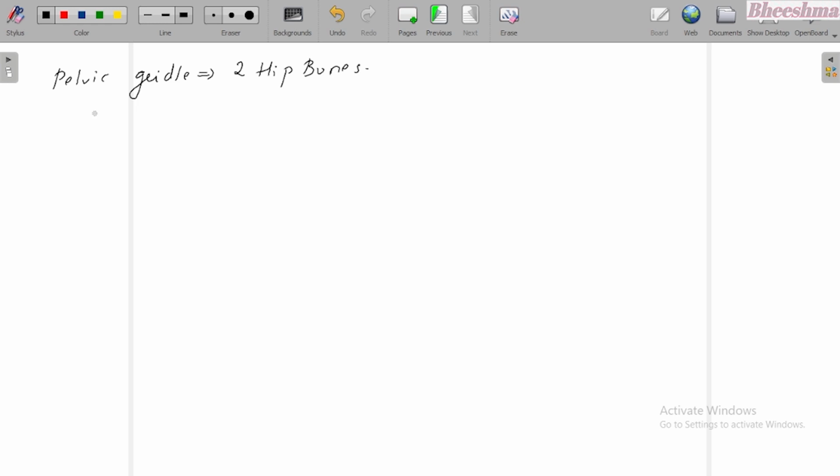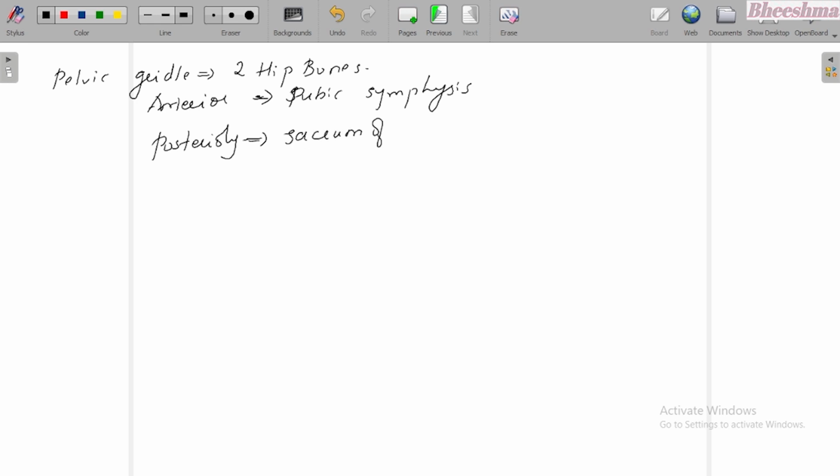It is a complete girdle as it is united anteriorly with the pubic symphysis and posteriorly with the sacrum of the vertebral column.